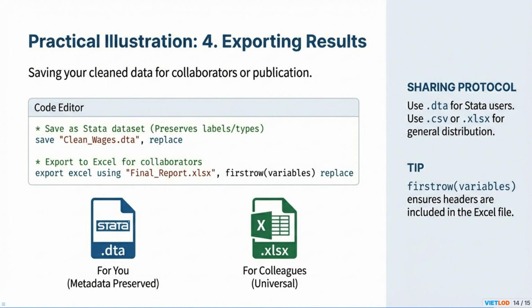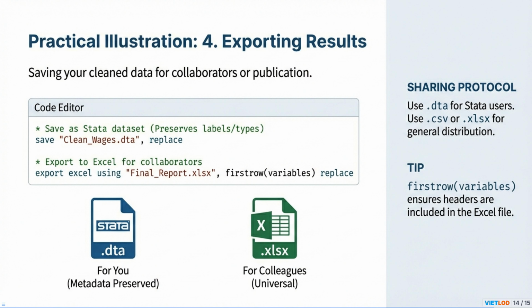This is vital because the .dta format perfectly preserves all metadata, including variable labels, value labels, and other essential characteristics that ensure your data remains fully interpretable within Stata. We use save cleanwages.dta, replace to create or update this master file.